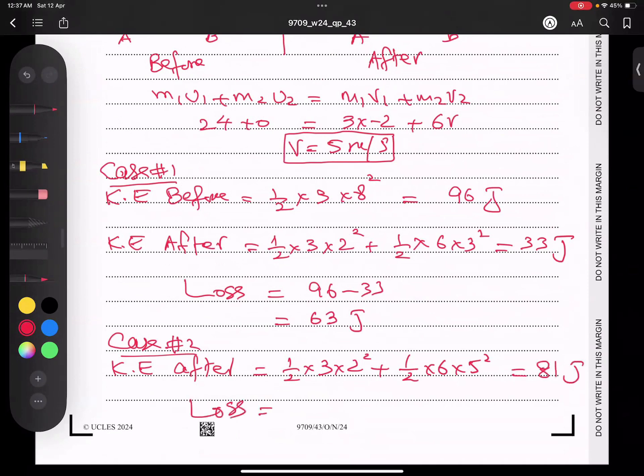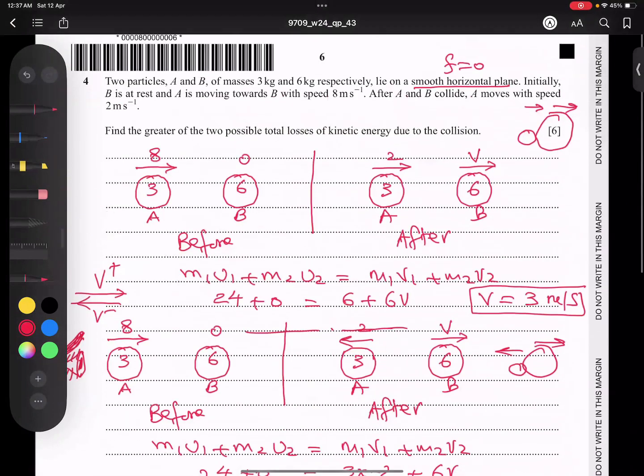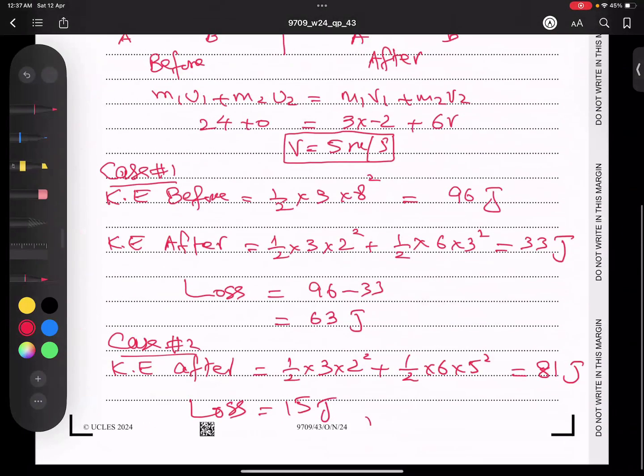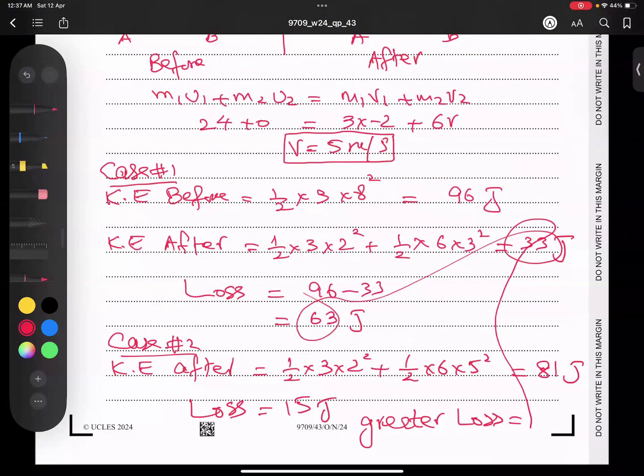So the loss becomes 96 minus 81, which is giving us 15 joules. So greater, what do you talk about? You talk about greater. So the greater loss of kinetic energy is 63 joules.